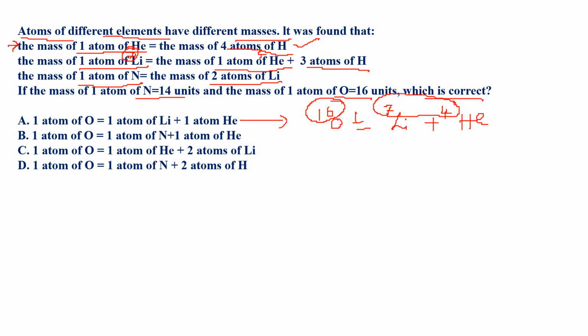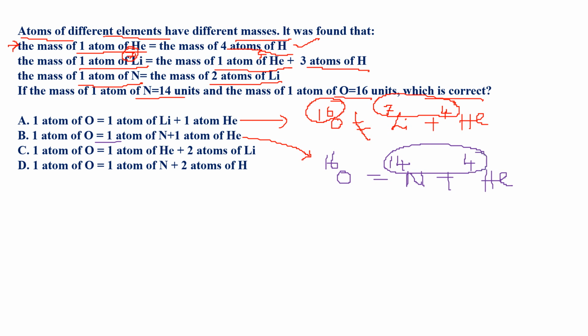No, they are not equal. Then we'll go for the next option. Oxygen mass, that is 16, is equal to one atom of nitrogen, which is 14, plus one atom of helium, that is 4. Total how much? 18. Is 18 equal to 16? No, that is not equal.